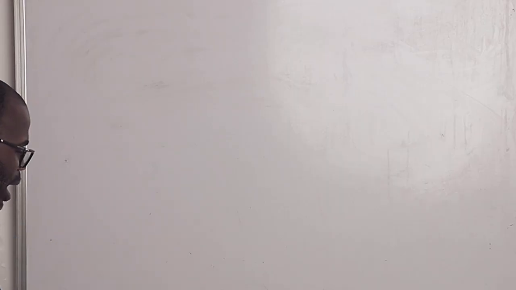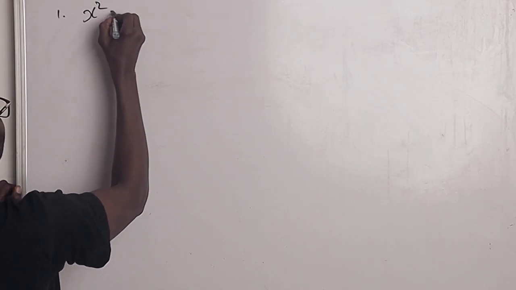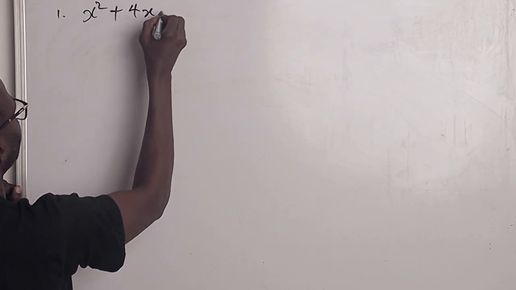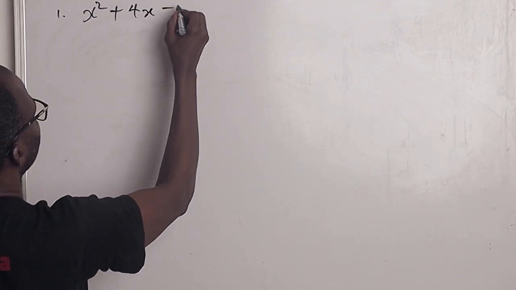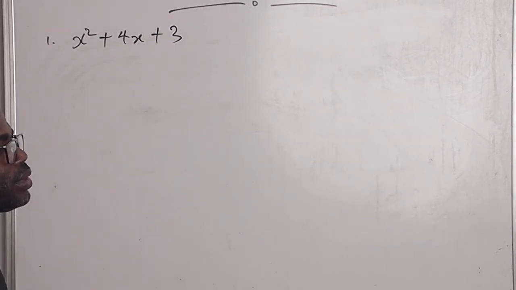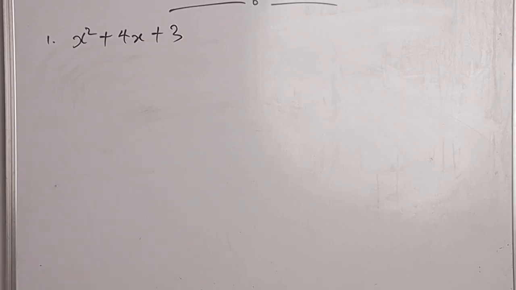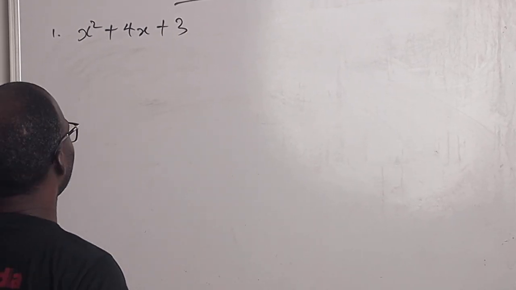So let's assume we have, for example, x squared plus 4x plus 3, and they say you should solve this. Let's assume you walk into an exam hall, WAEC or JAM, and you have this to factorize and solve.